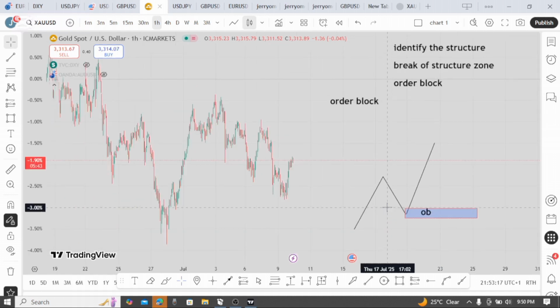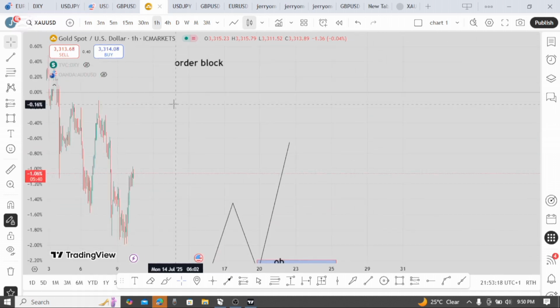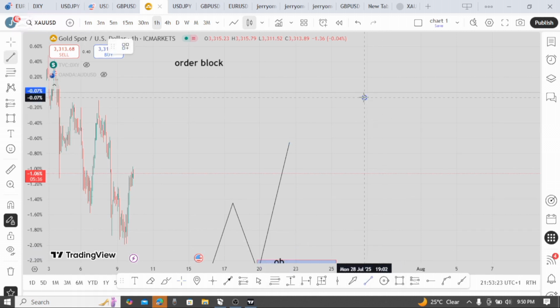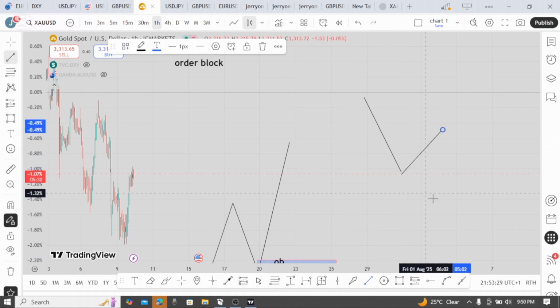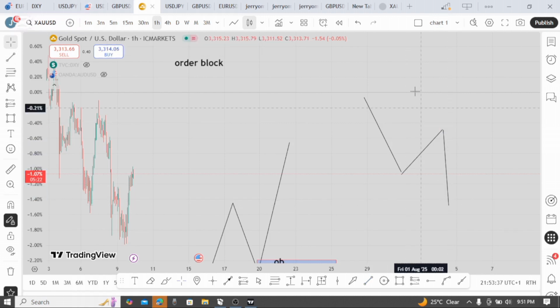Now the same thing applies to the bearish market structure. So we have lower low, lower high, lower low. Once you identify a bearish structure, this is the zone of your break of structure.